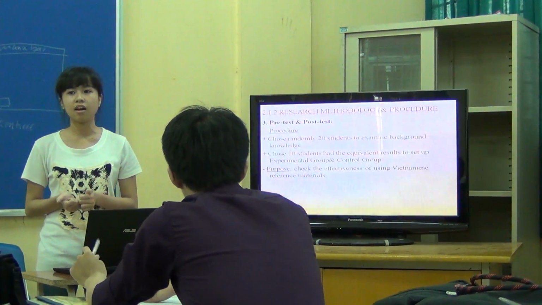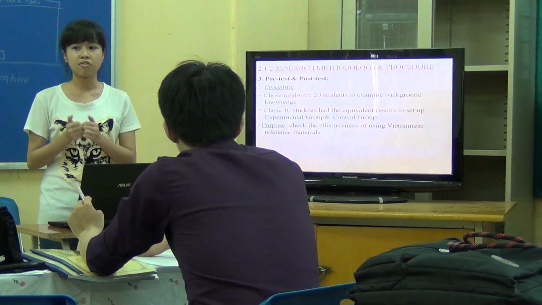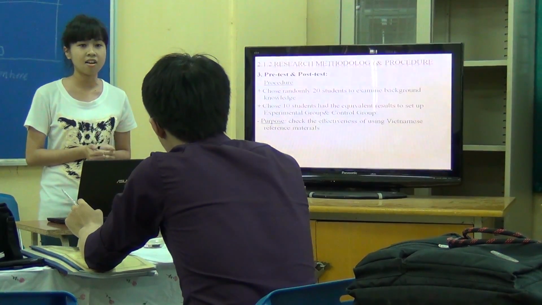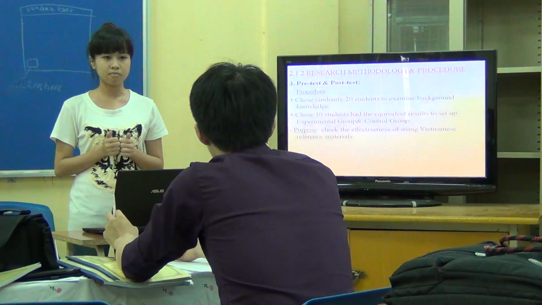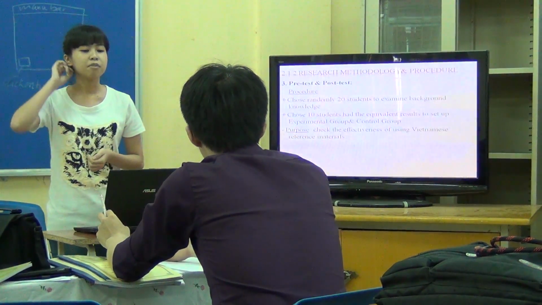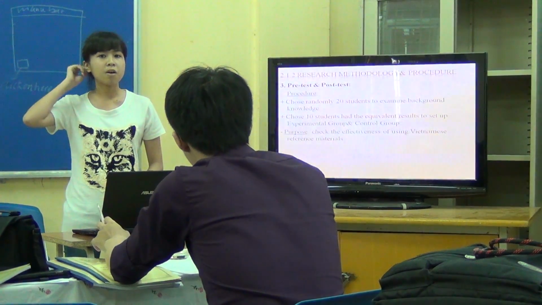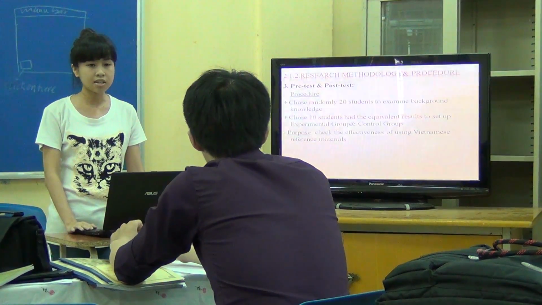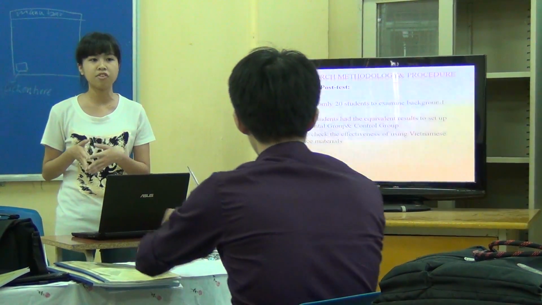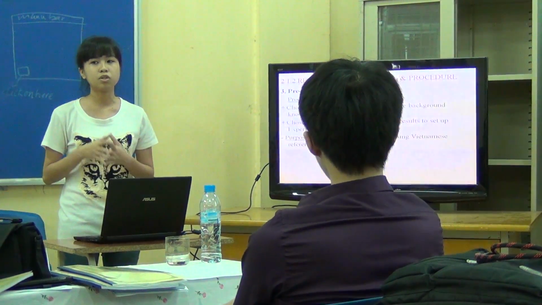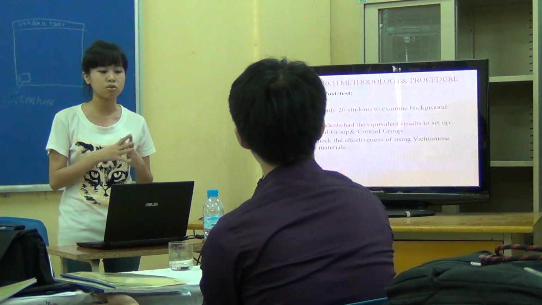The experimental group is a group who will be given the material before the lecture, but the control group will not be given the material before the lecture. And the purpose of this research is to check the effectiveness of using the material between the experimental group and the control group.